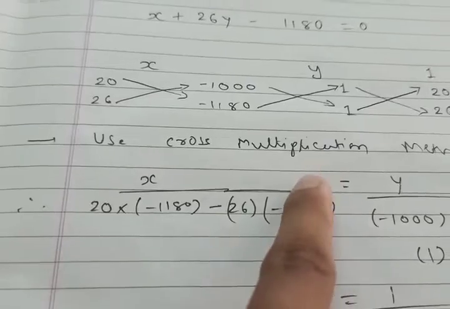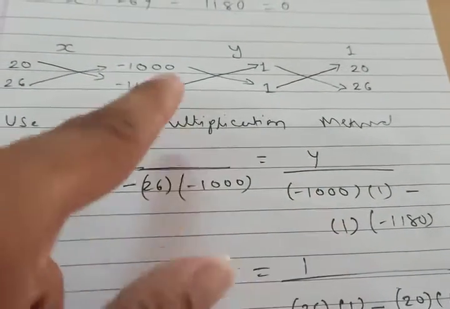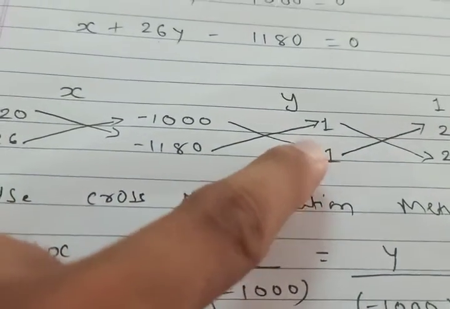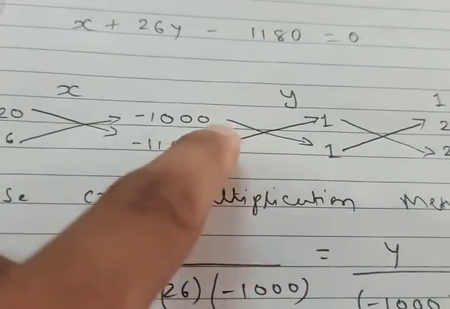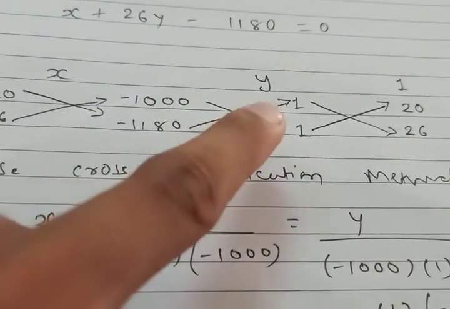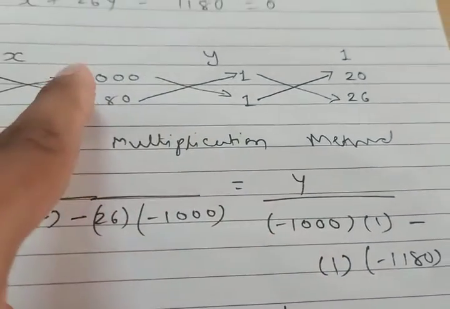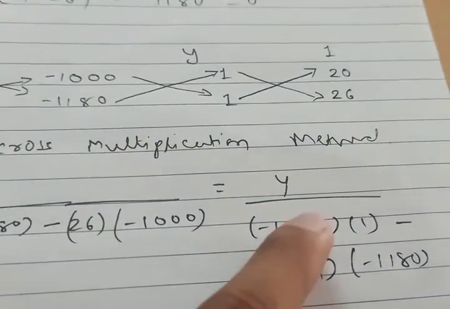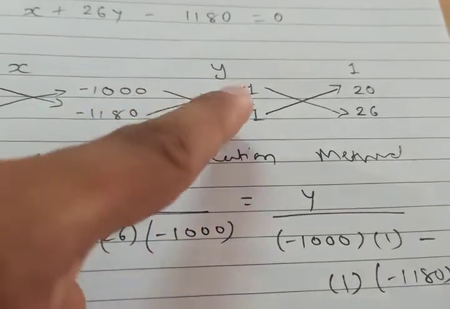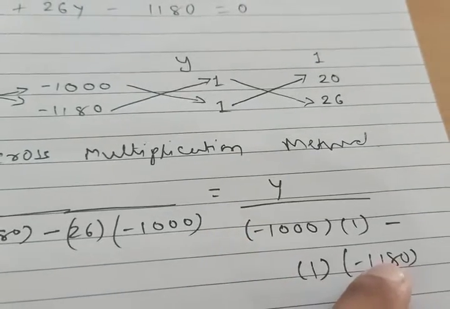Understand? Is equal to, below y, that is y upon, see here, to solve the y term, cross multiply minus 1000 with 1 and minus 1180 into 1. So put here minus 1000 into 1, minus 1 into minus 1180.